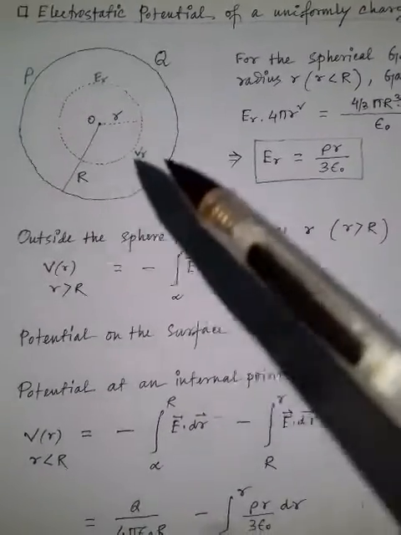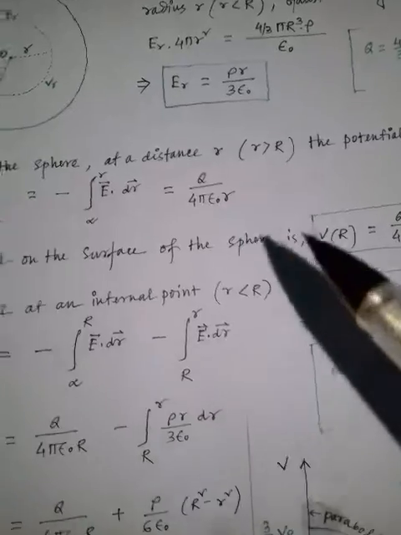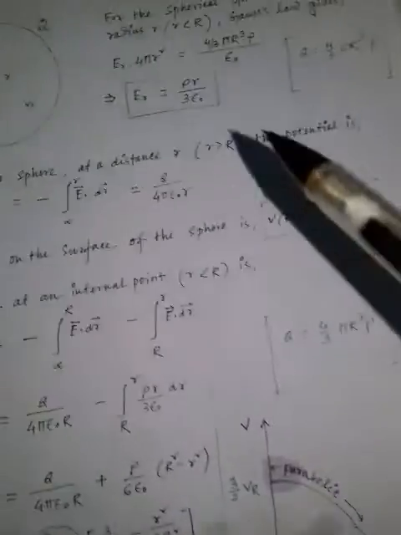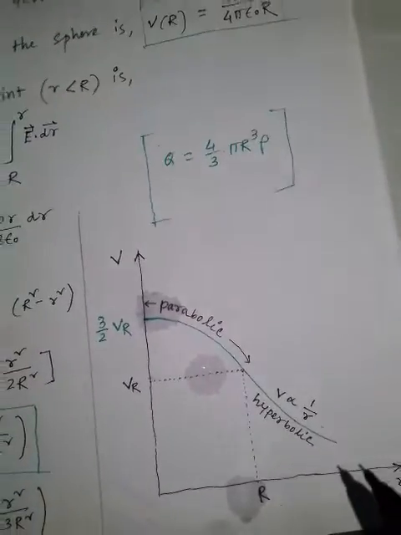We know that the potential outside the sphere is Q by 4 pi epsilon naught r, so it is proportional to 1 by r, so it is hyperbolic.